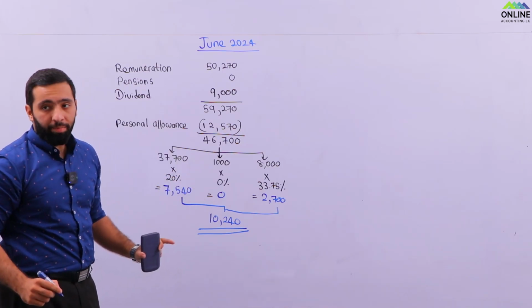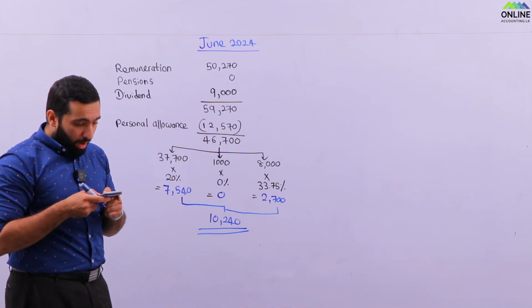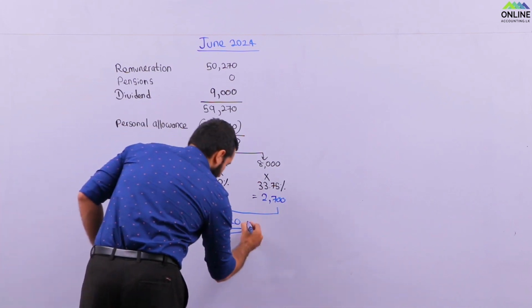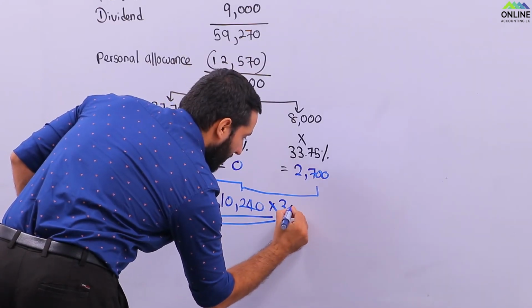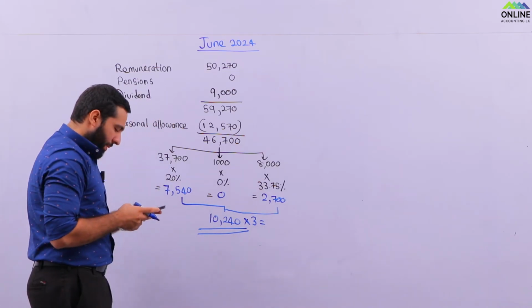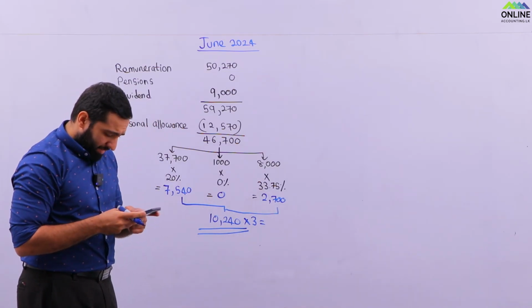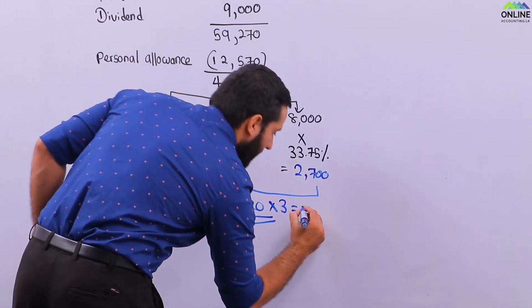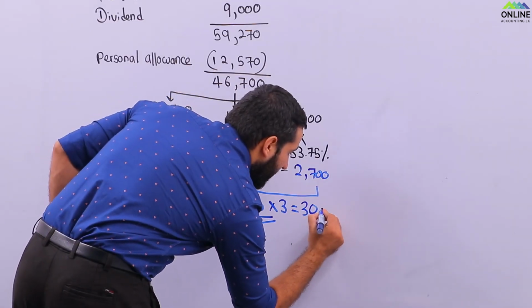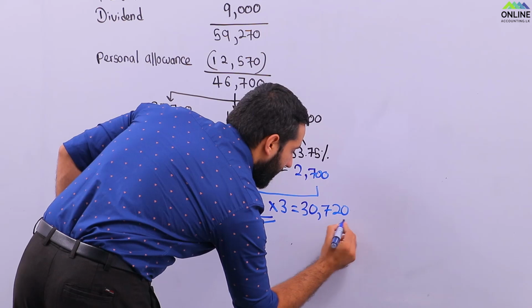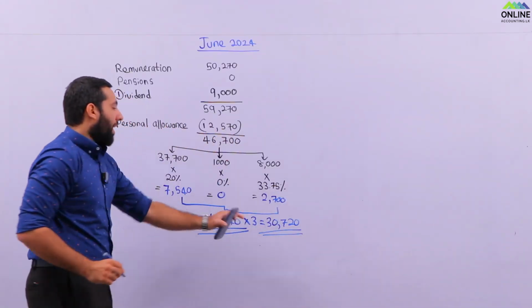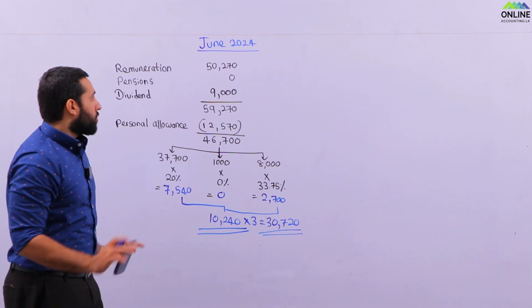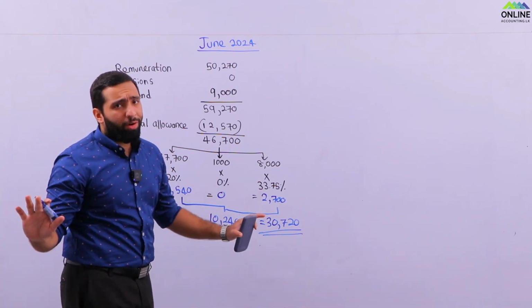And if you multiply this by 3, this will give you the total value that all 3 partners will be required to pay, 30,720. So this is the value that all the partners will be required to pay. So now we are done with the first question.